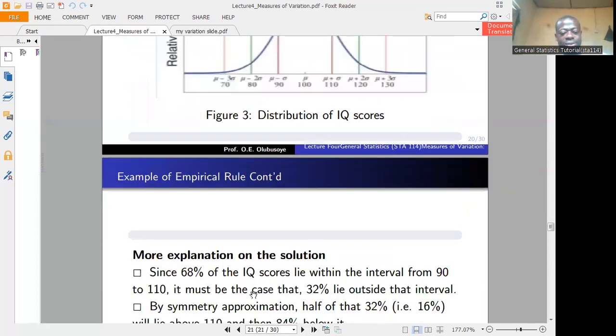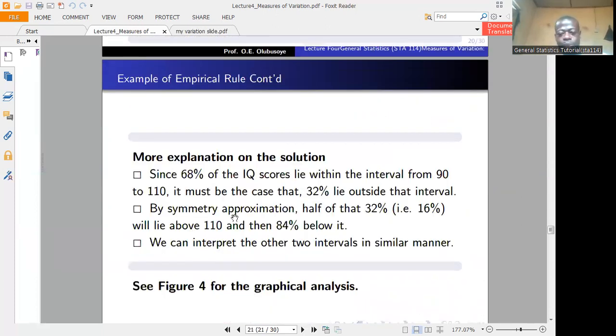And then let's look at more explanation on this IQ question. We can denote that if 68% of them lie within 90 and 110, then it must be that 32% of them lie outside the interval. Like I used in the other example, 68% are between 90 and 110.